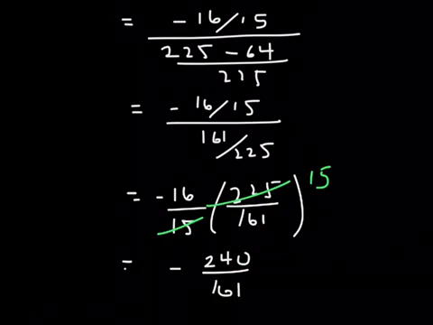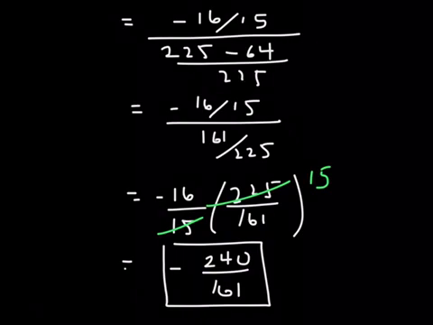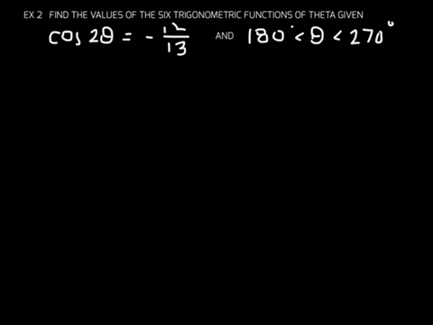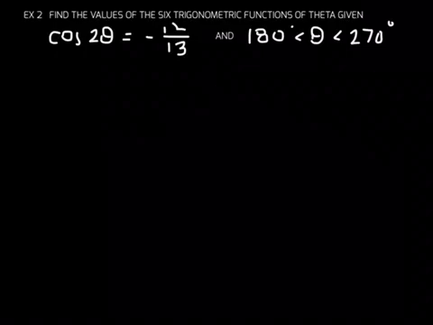This is the function value for tangent of 2x. Cool. Good job, guys. All right, example 2. Find the values of the 6 trig functions of theta given that cosine of 2 theta is negative 12/13.